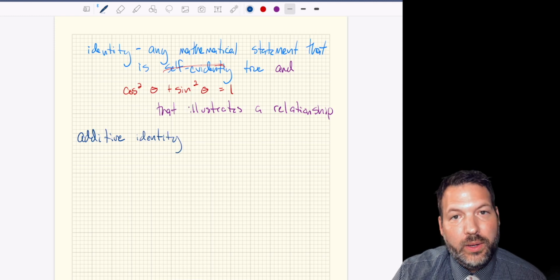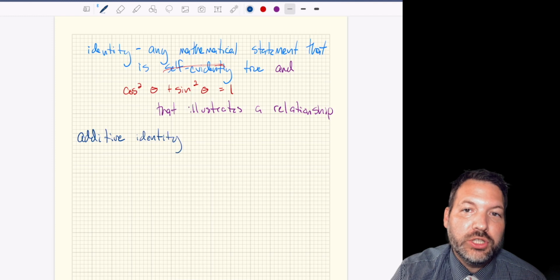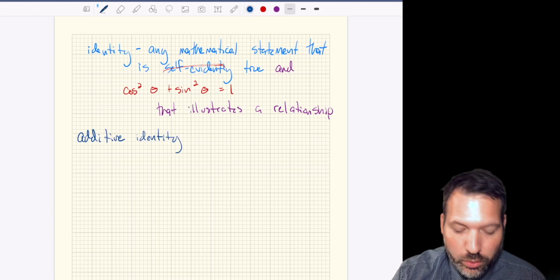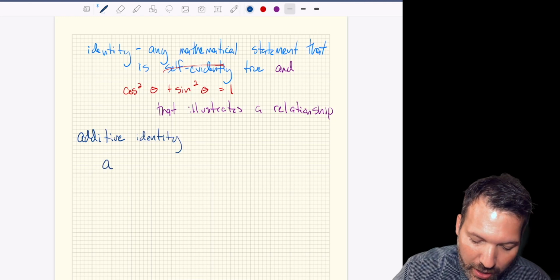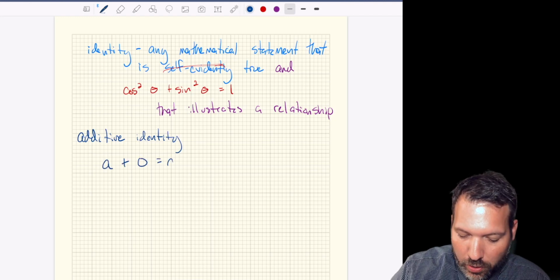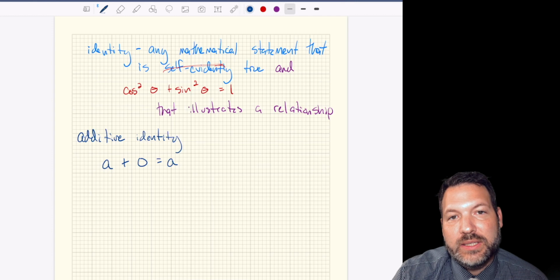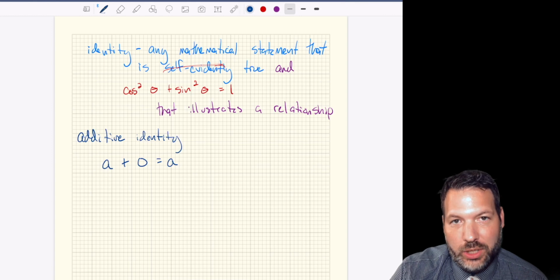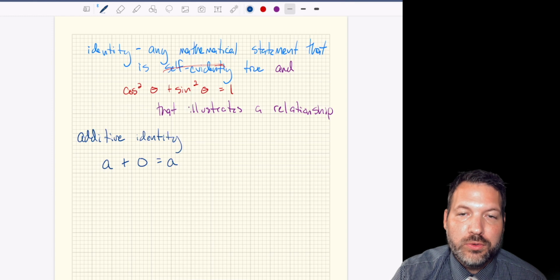What can you add to something that does not actually change it? I'm sure you're yelling out at home, 0, right? So in general, we could say a plus 0 is a. This is the additive identity. It confirms the relationship that it's possible to perform something under addition using an element that does not change the value that you start with.